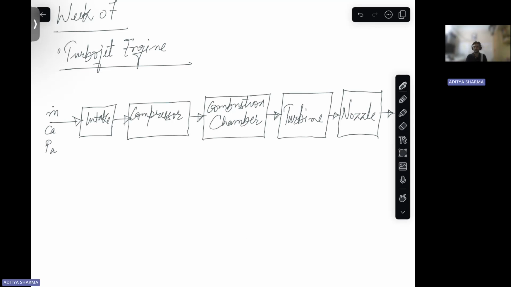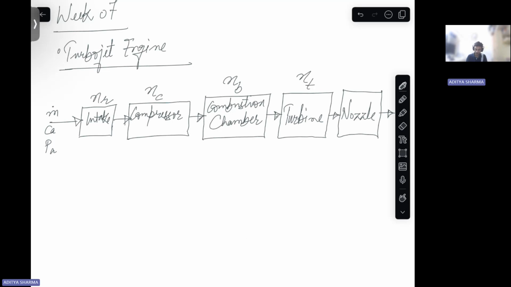Then there are efficiencies involved with each component. For intake, we have seen that we call it the ram effect, right? If I remember it correctly. And then this is the isentropic efficiency of your compressor, and this is efficiency related to your combustion.